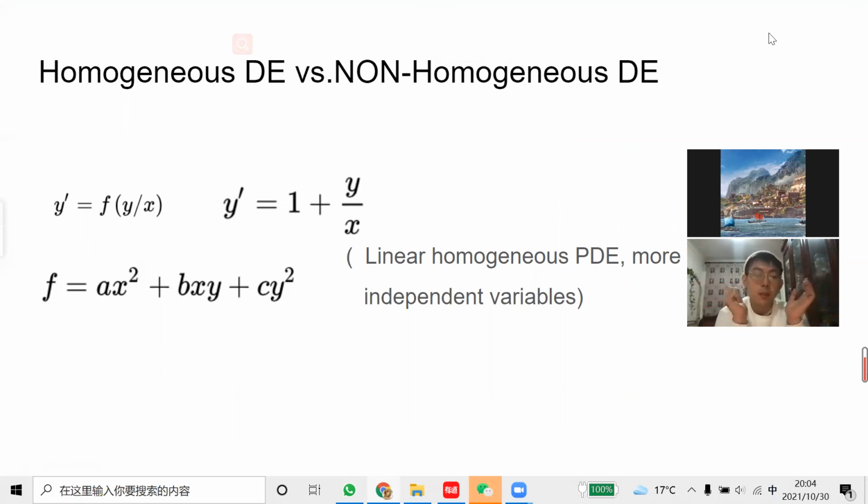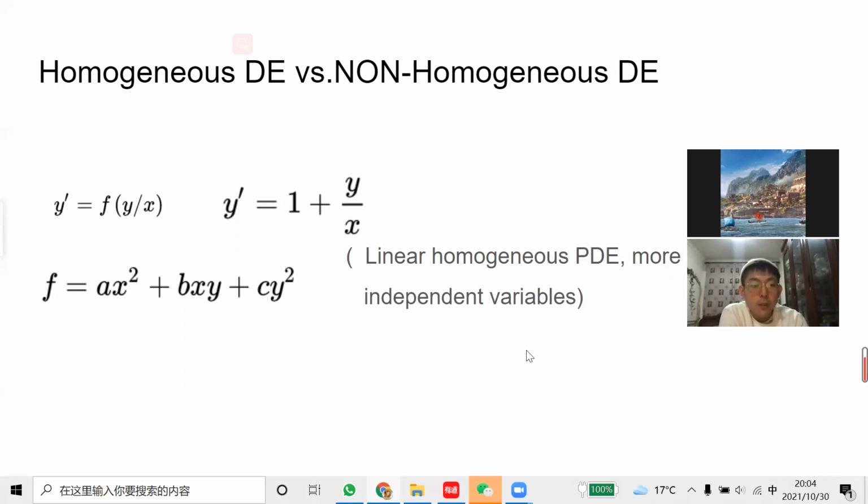Homogeneous means the number of independent variables is the same, and the power is also the same. For the second equation, 1 plus y over x, as you can see, there's 1 y and 1 x, and we consider this as degree 0.